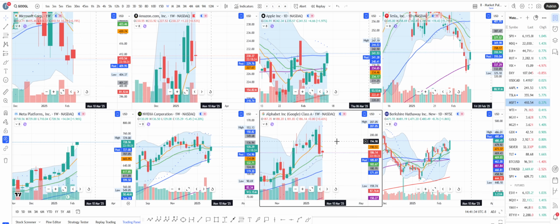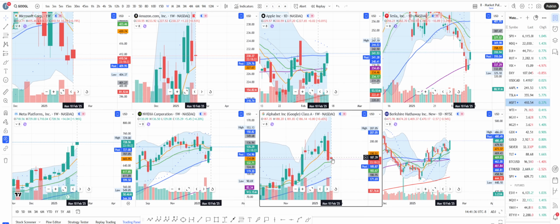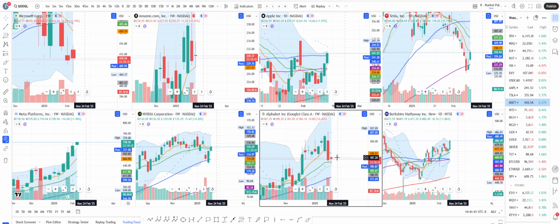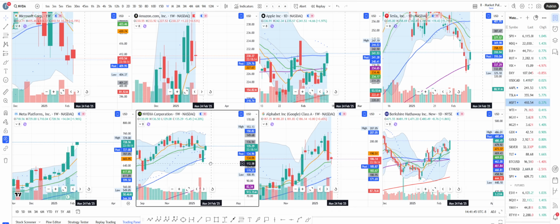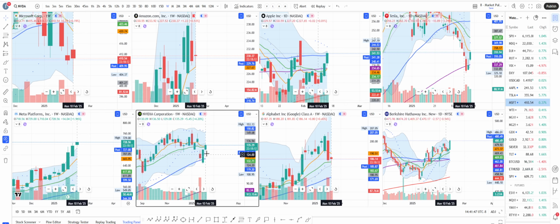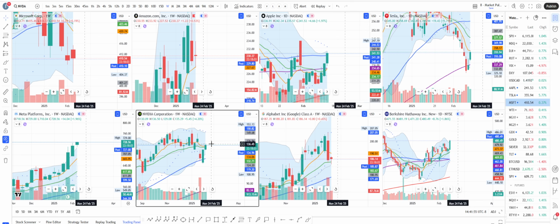Similar thing for Alphabet. Google, if it closes like this, will most likely be a consolidating candle before moving lower. NVDA looks good so far. After a weekly bullish engulfing, we expected it to rally this week, and so far it did. Let's see how it closes the week tomorrow.